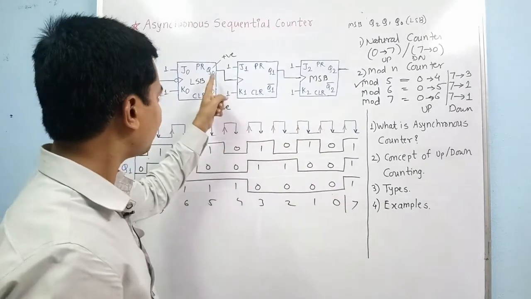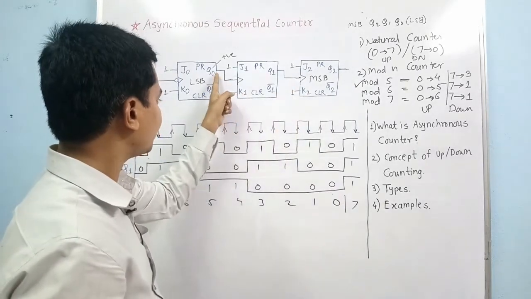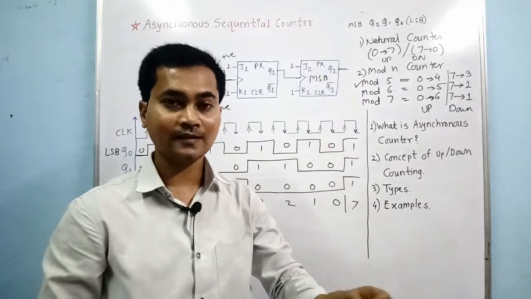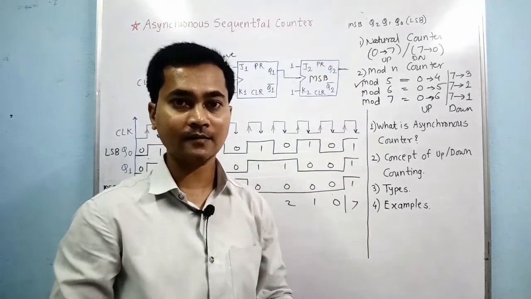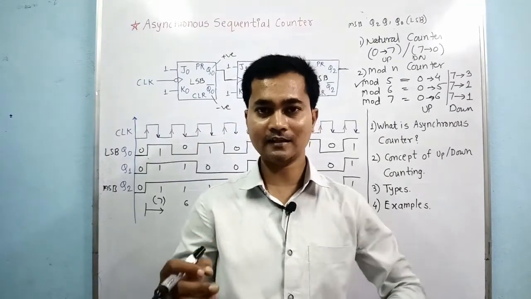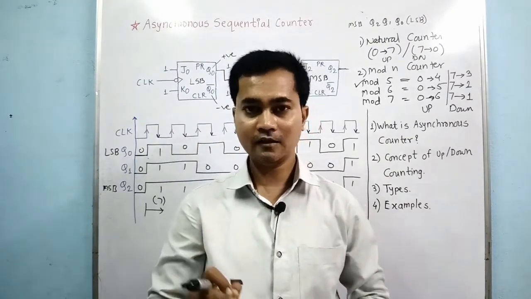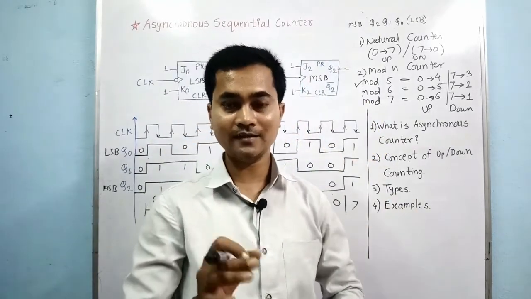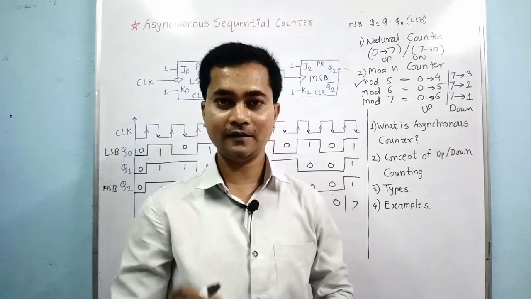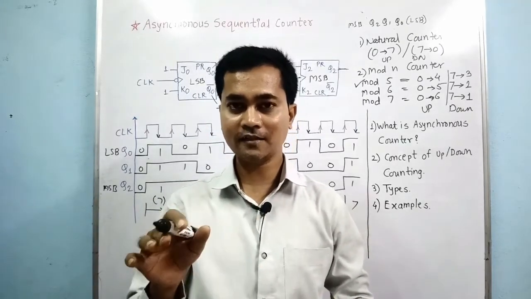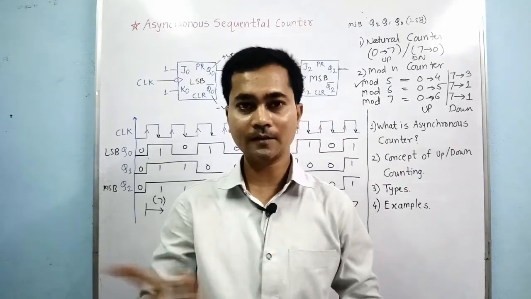That means outputs of all the flip-flops, the normal output, will be set to 000. So we have to add some combinational circuit which will check at every instant whether the outputs are 101. If it is, then the output of that combinational circuit will reset all the flip-flops.